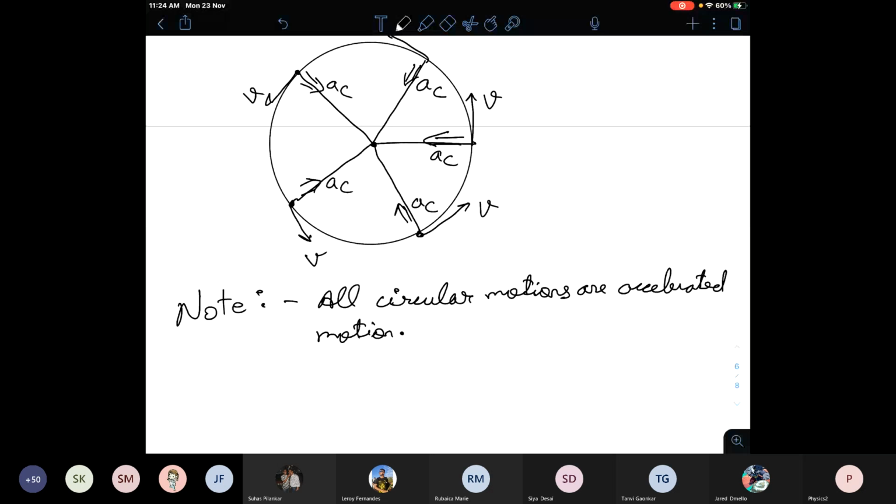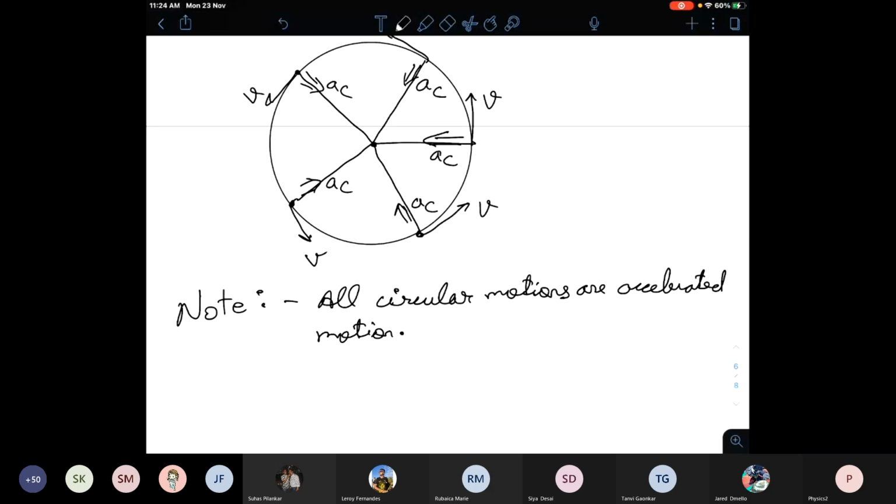For one moment you will think, your velocity magnitude is not changing, so it should be a non-accelerated motion. Simple. But wrong. You have to think about centripetal acceleration also. You were only thinking about tangential, so it became wrong. All circular motions, whether uniform or non-uniform, are always accelerated motions.